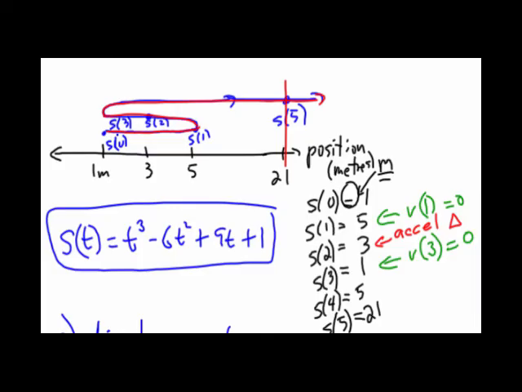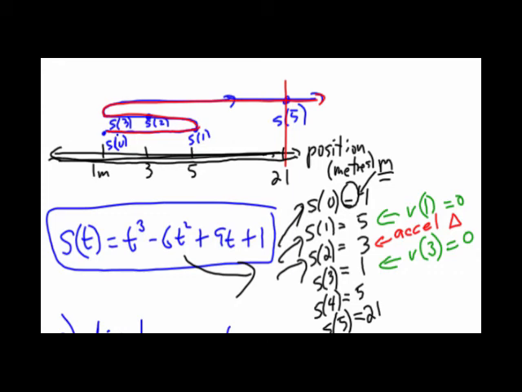Alright, so what I have here is a number line showing the position of my particle at a given moment in time. And what I've done is I've calculated the position at 0, 1, 2, up to 5 seconds by simply plugging the times at those moments into this equation to generate these values.